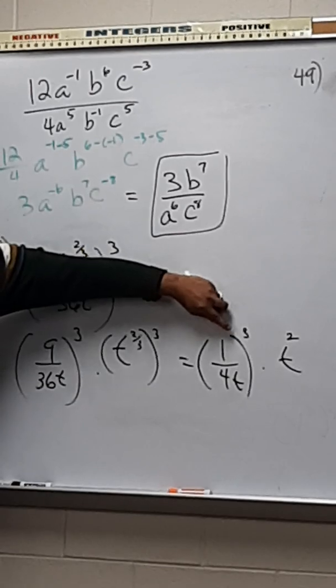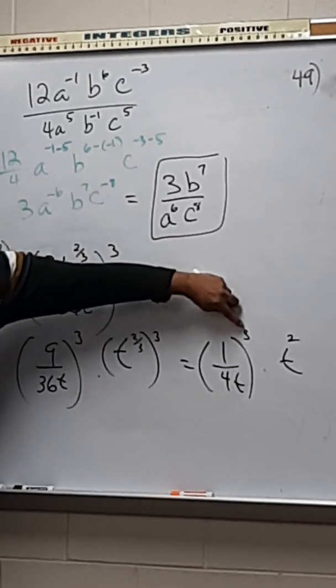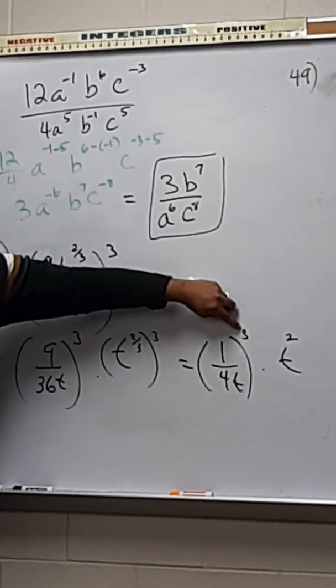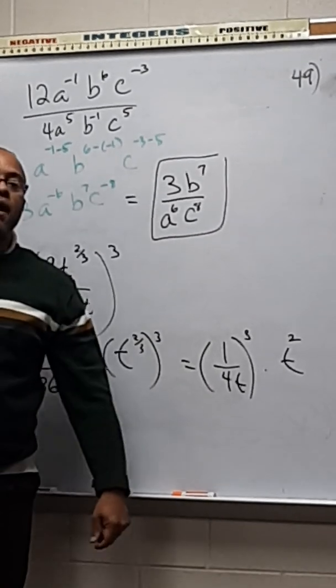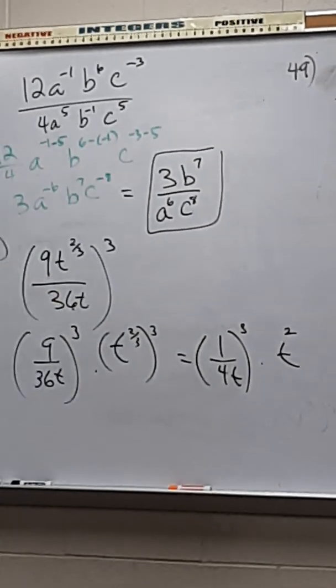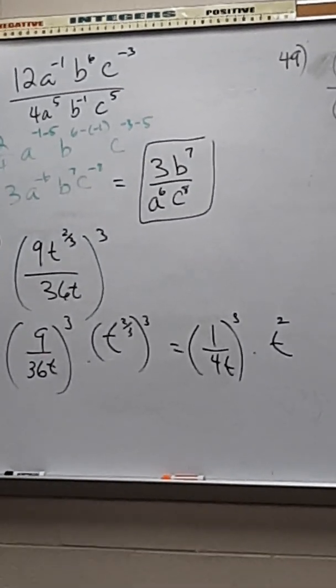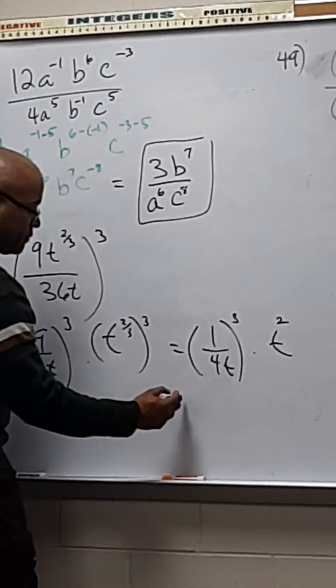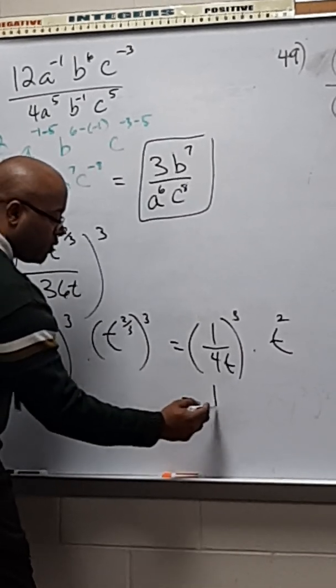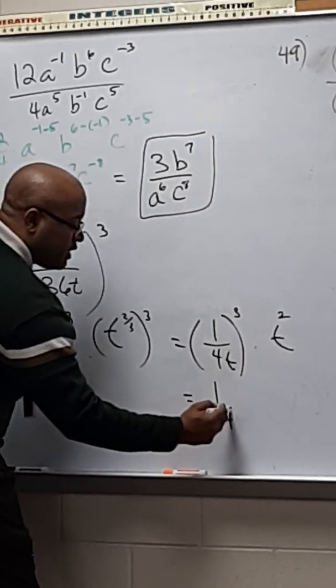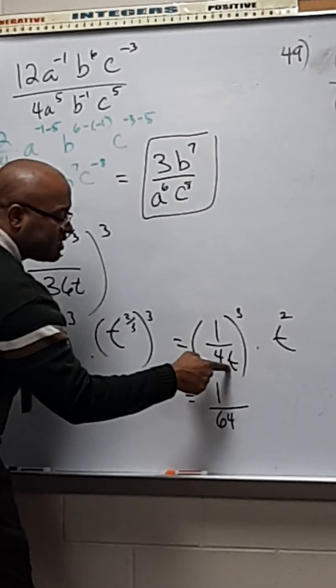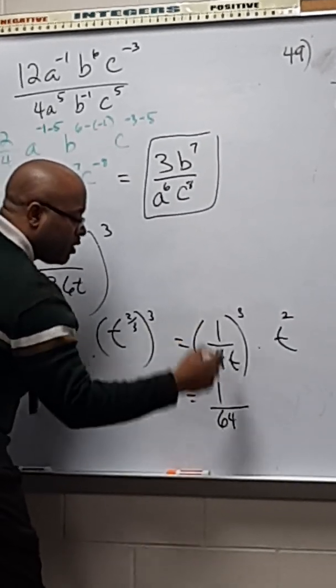Okay, look here. Now we still have this to the what power? Third power. Go to your calculators and type in 1/4 to the third power. Tell me what you get. 1 over 64. Watch this. That t right there, what is it taking to what power?